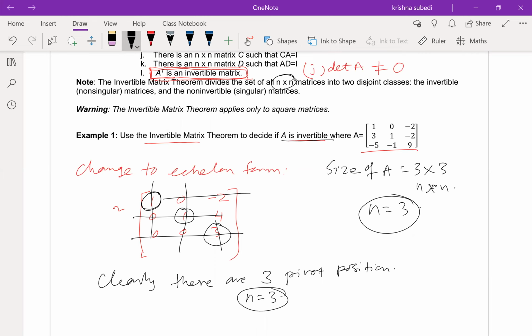Sir, could you just explain? I didn't understand from the last chapter: pivot position, pivot row, basic variables and free variables, just those from this matrix. Well, I cannot explain in these 2-3 minutes. We spent almost 3 hours on those concepts alone.